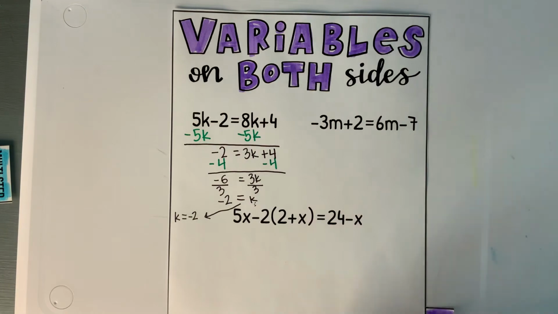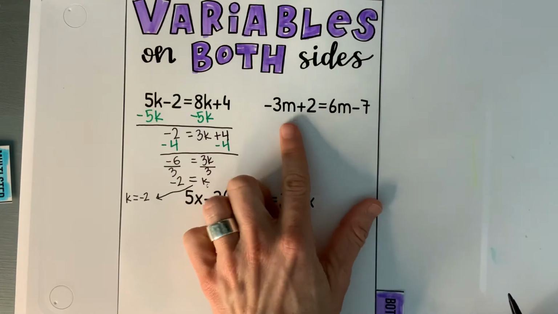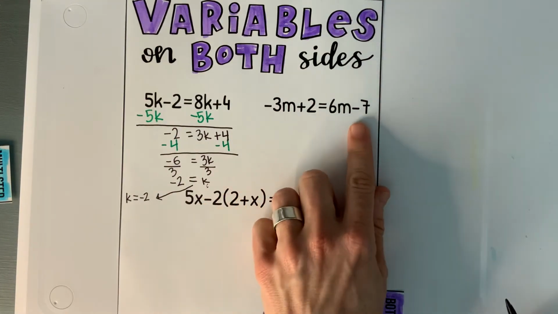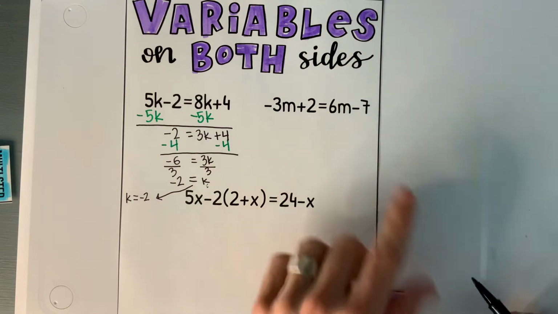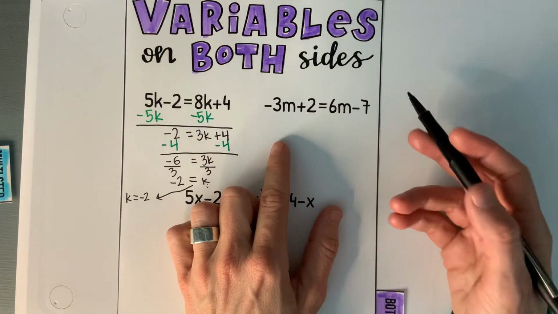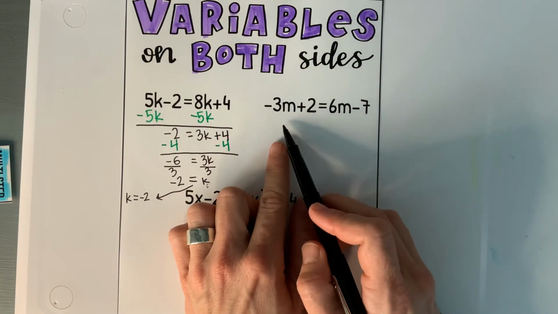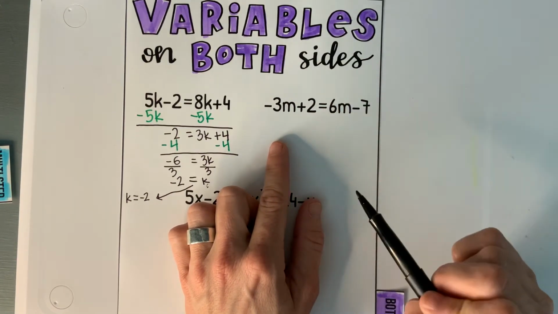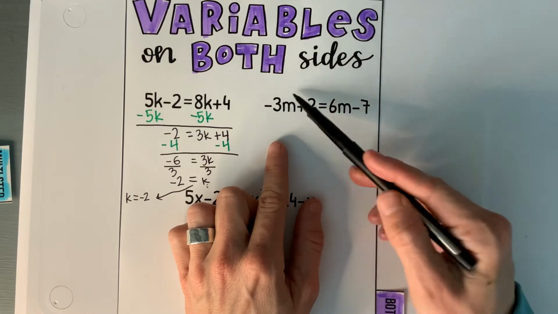All right, so let's do another one together: -3m plus 2 equals 6m minus 7. Again, we want to get all of the m's on the same side. Right now we have some negative m's over here, and we have some positive m's over there. So let's eliminate these negative m's.